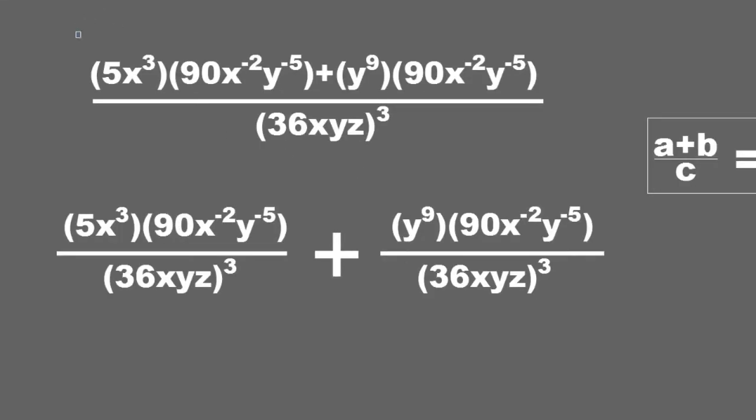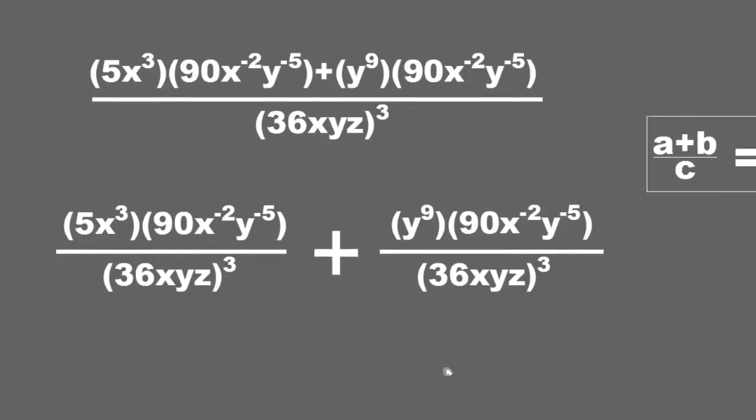So if I call this a, if I call this b, and the denominator is the c, I'm just separating them. One expression divided by the denominator and the other expression divided by the denominator, and both of them are being added together. So far I haven't multiplied or done anything, just reorganized this expression so that I can simplify it later.